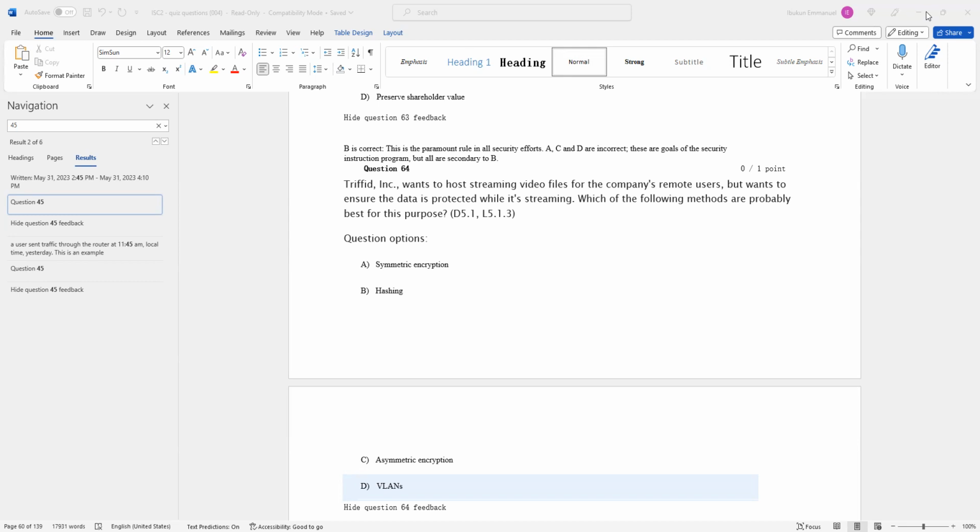So we've said VLANs, and we've already discussed that. Virtual LANs, virtual local area networks, where traffic is encrypted between the remote user's device and the corporate network. So that is VLAN.